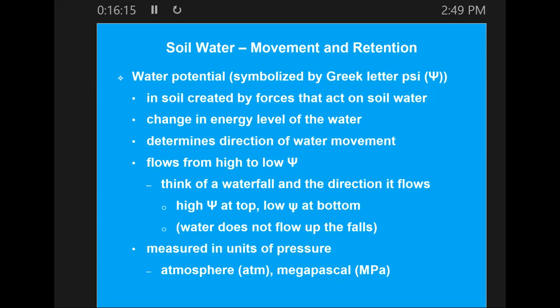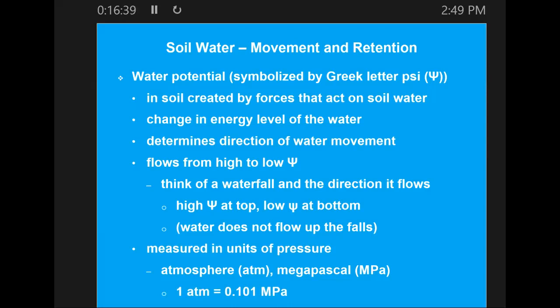It just depends on the system and what you're measuring. So it's pressure differences that we're thinking about, from a higher water potential pressure to a lower one. And if you want to know the conversion, by the way, 1 atmosphere is equal to 0.101 megapascal.